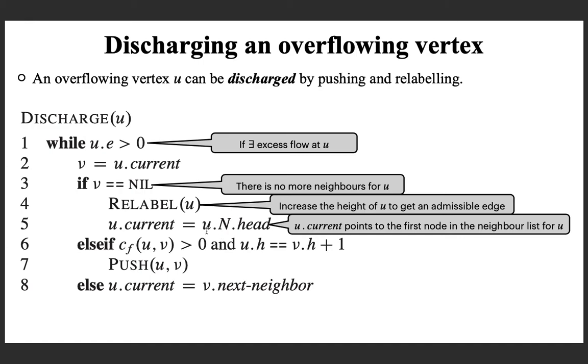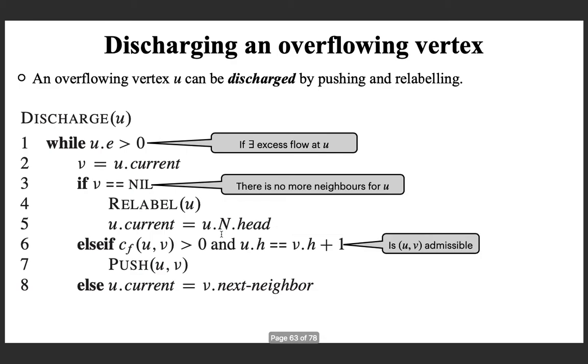Again you are checking from the head what is the admissible edge, right? Whether you can see one of the adjacent vertices to which the edge is admissible. So you are starting again from the first neighbor, the header node in that neighbor list. So if there is no neighbor, relabel will be performed.